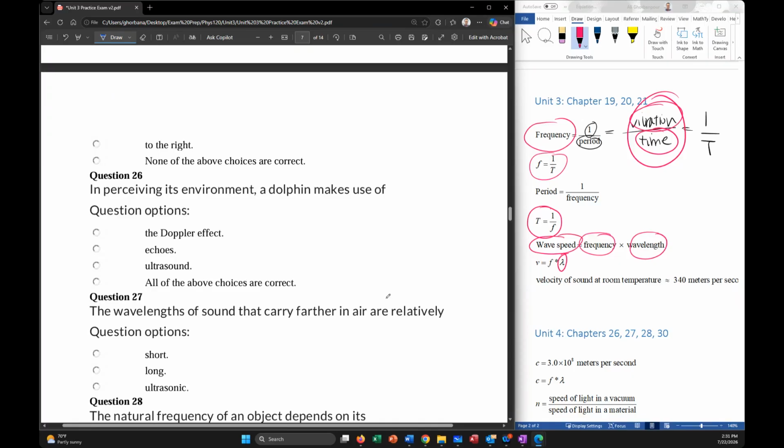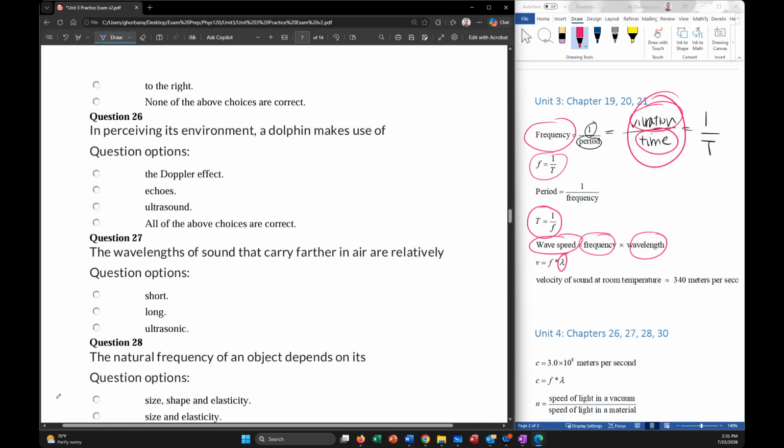In perceiving its environment, a dolphin makes use of the Doppler effect, echoes, or ultrasound. We already know what the Doppler effect is.